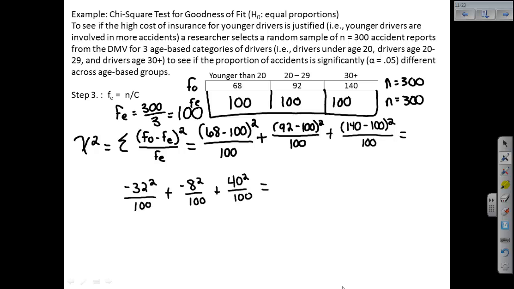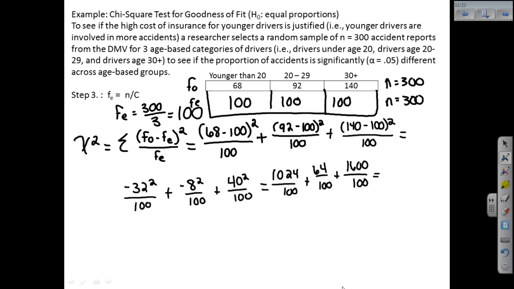So negative 32 squared becomes 1024, still divide that by 100. Negative 8 squared becomes 64, still divide that by 100. And 40 squared becomes 1600, and we're going to divide that by 100.